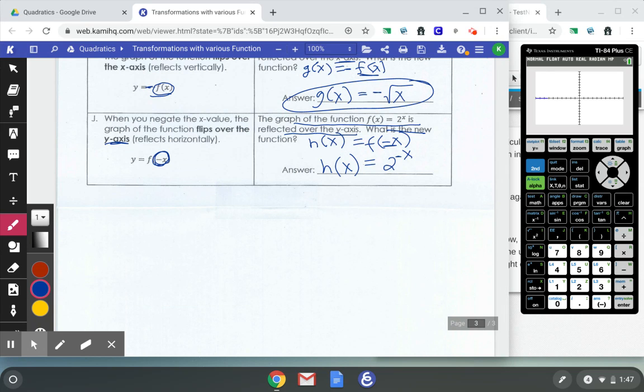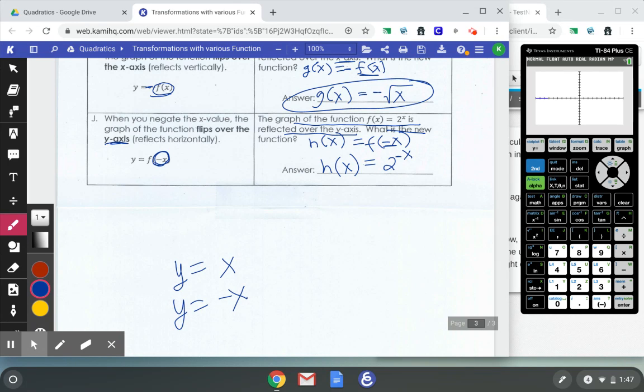Okay, let's say I gave you the equation y equals x, and I said I would like this to be reflected over the y-axis. All right, what you would do is we would just say y equals negative x.